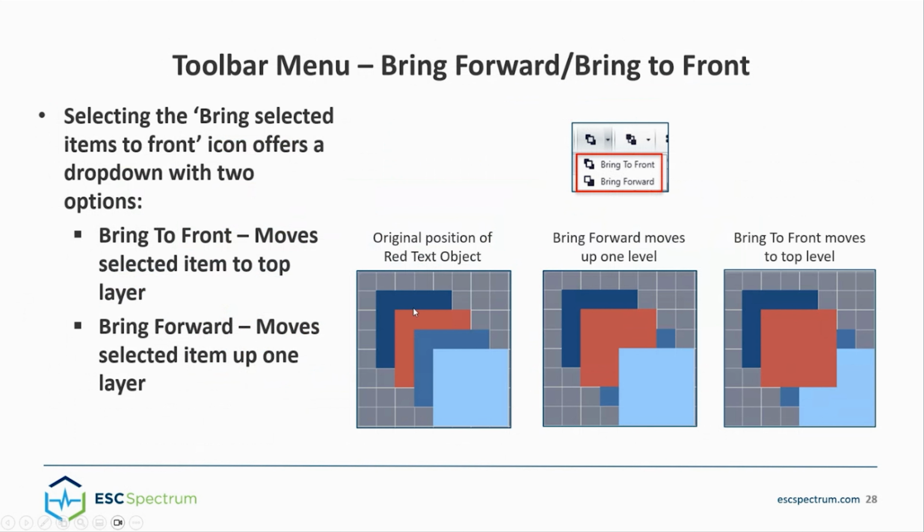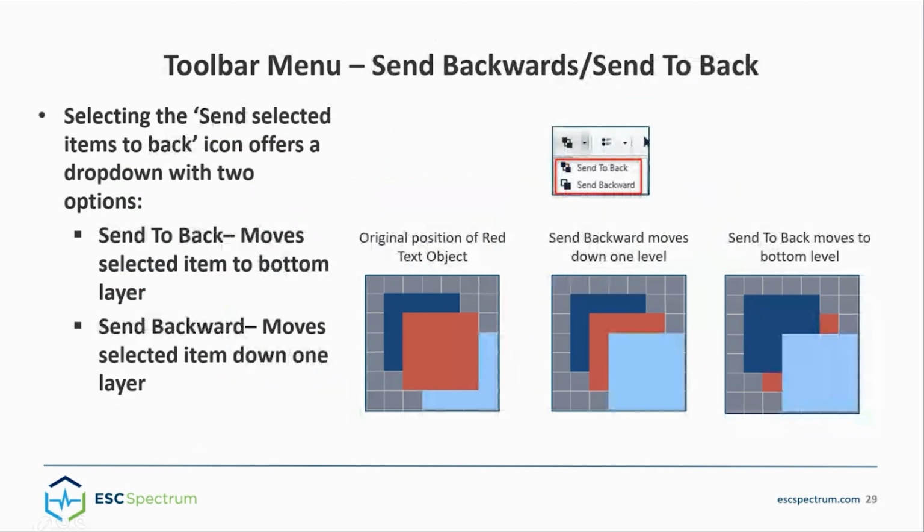Bring to front will take a selected dashboard item and put it on the topmost layer, whereas bring forward will bring it forward by one layer, as seen in these images down here. Similarly, the same thing but backwards. We have send to back and send backwards, one of which will send an item to the bottommost layer or a single layer downward.